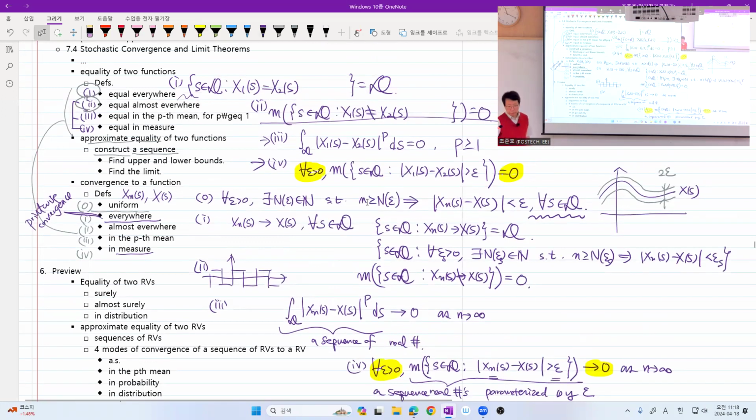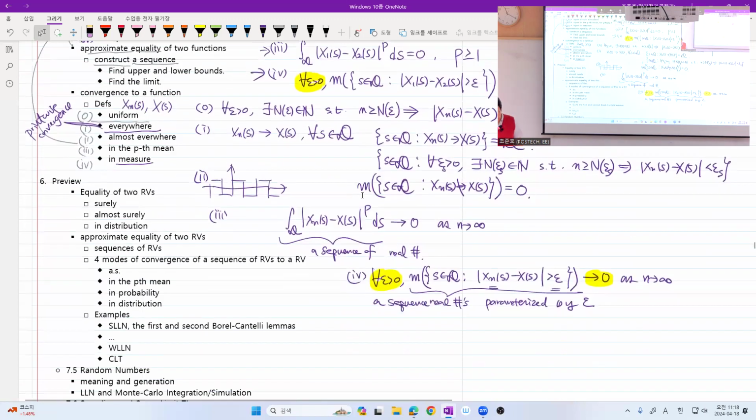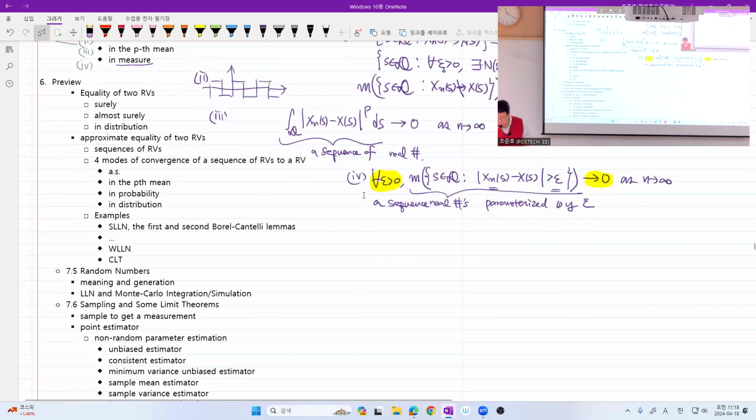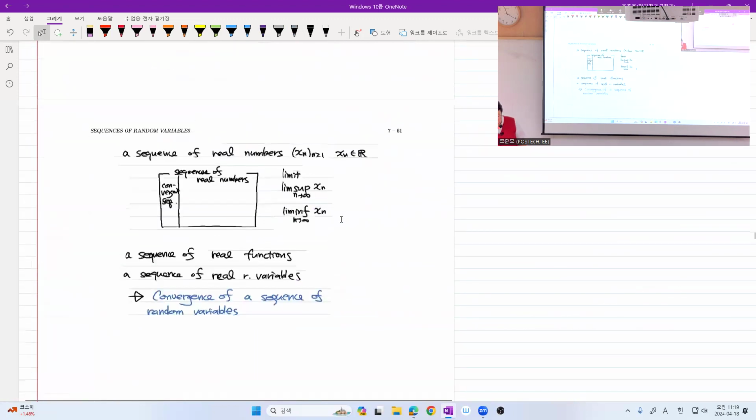And unlike in the equality case, these 1, 2, 3 definitions are different. And we will see the examples later. And we have a relation like this. Let me just use the previous page we had.